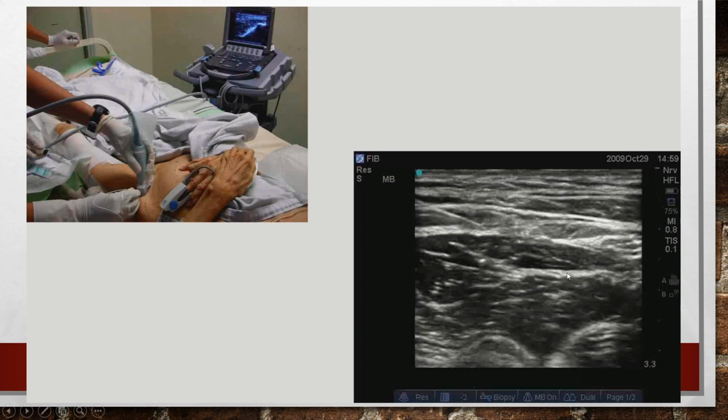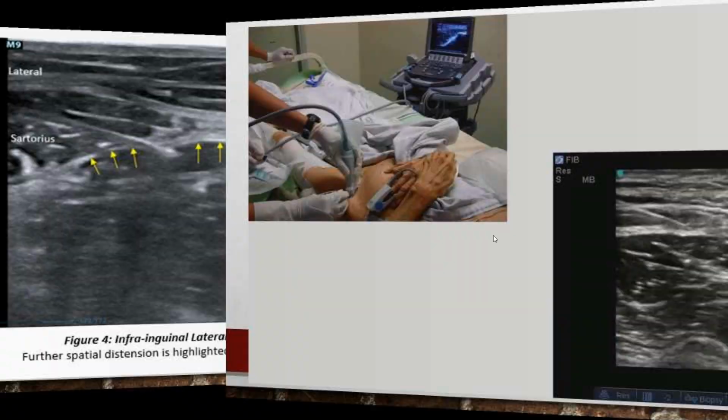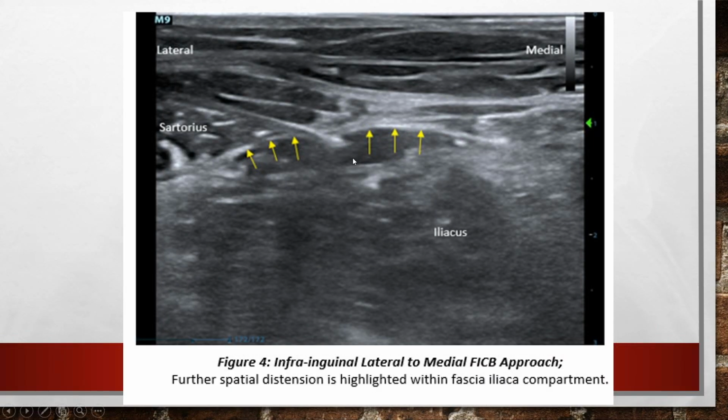From the femoral nerve, scan the lateral side, and we can see the fascia iliaca here, and make sure that the local anesthetic is spread laterally below the lateral muscle.